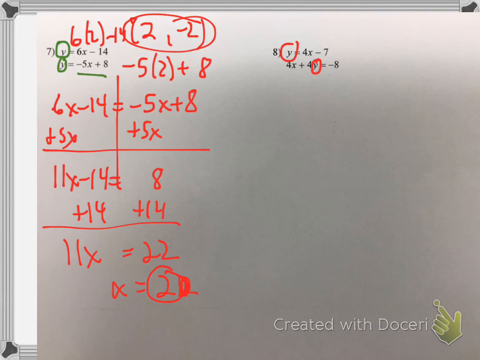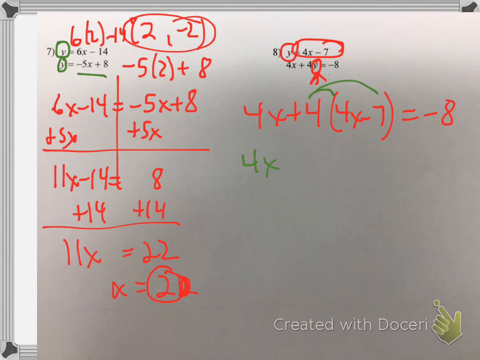Circle. Circle. I know on the test those were x's, but you do it the exact same way. 4x + 4 times y = -8. So I'm taking out the dollar and I'm putting in 4 quarters. Distribute: 4x + 16x - 28 = -8.